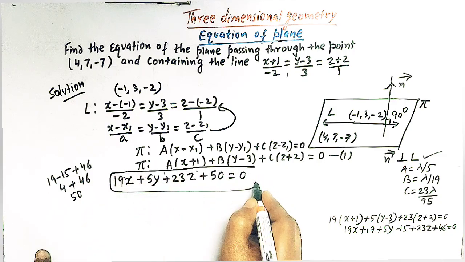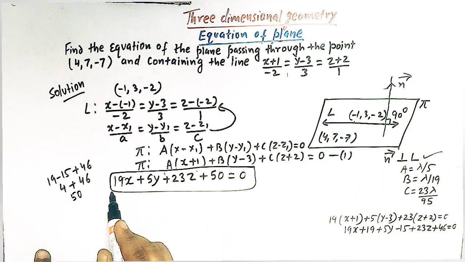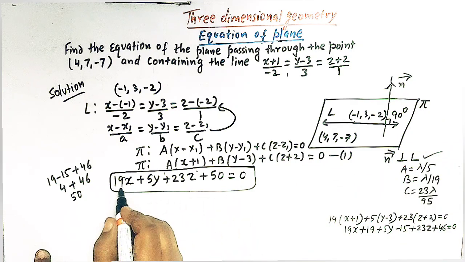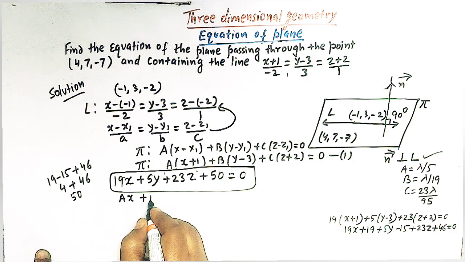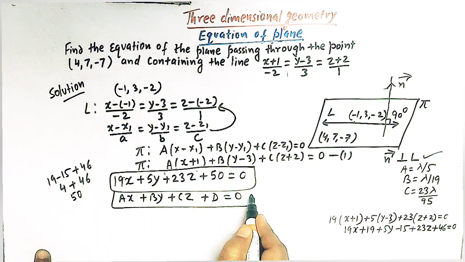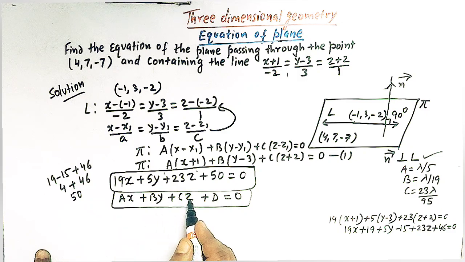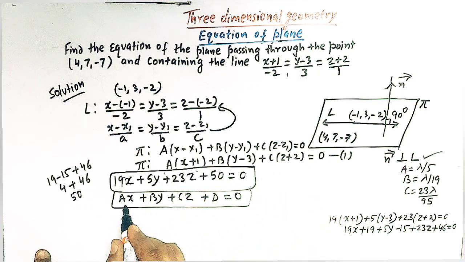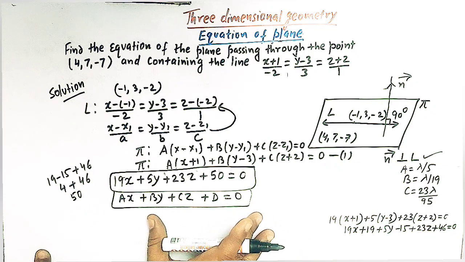So this is the required equation of this plane pi in Cartesian form, right? So here the form is ax plus by plus cz plus d is equal to 0, because we know that any equation of this form in first degree, that is x, y, and z are in first degree, ax plus by plus cz plus d is equal to 0, always represents a plane.